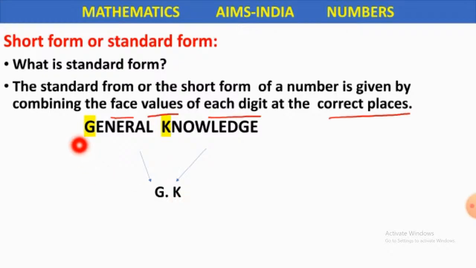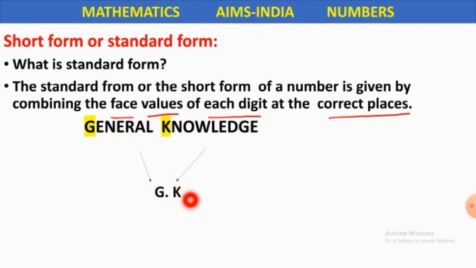Yes or no, children? Instead of calling it as general knowledge, such a big word, we make it into a small word which is GK. G is the first letter of general and K is the first letter of knowledge. This is called short form here.